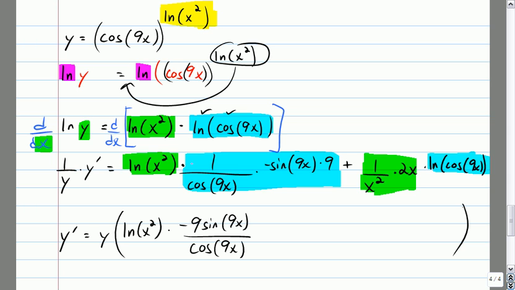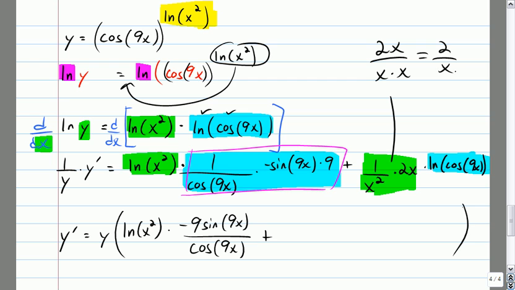What you see here that I put in a box, I simplified that. Plus, you got 2x over x squared, so 2x over x times x. That's just 2 over x. So plus 2 over x times the natural log of the cosine of 9x.